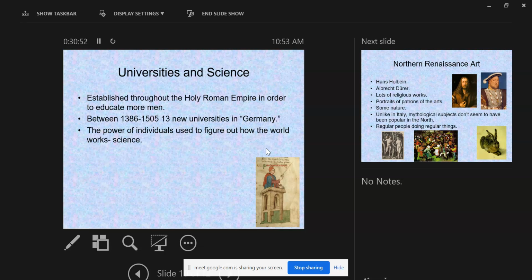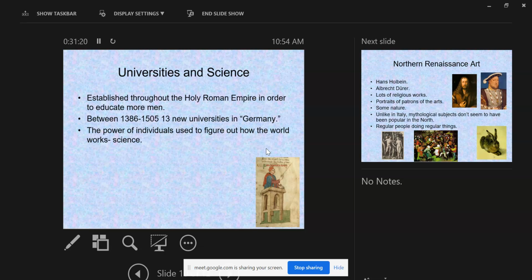It exists all the way up until about 1806. And there's another somewhat funny guy who says, it's not holy, it's not Roman, and it's not an empire. What it is, is Germany before Germany existed, and just a little bit larger than Germany. So I like to call it pre-Germany on steroids. That's the Holy Roman Empire. Don't be confused by any of those words.